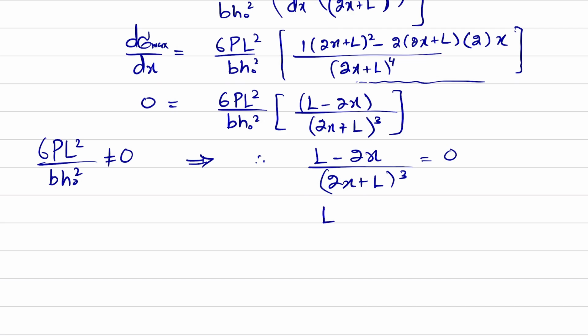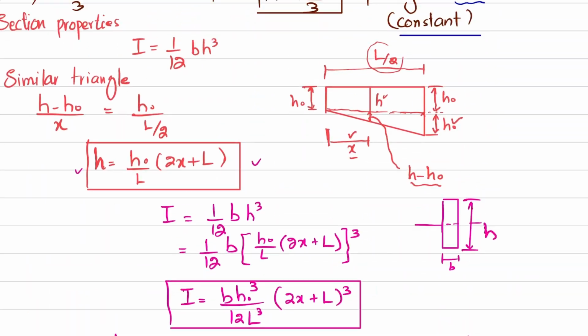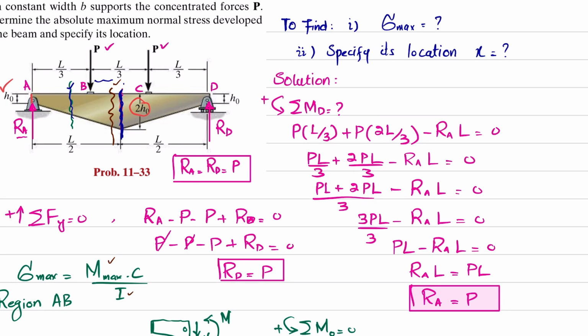So it means L minus 2x is equal to 0, L is equal to 2x, and x is equal to L by 2. So this shows that at x equal to L by 2 you have maximum bending moment. But x equal to L by 2 is greater than L by 3, and we have seen that for x greater than L by 3 the moment is constant.